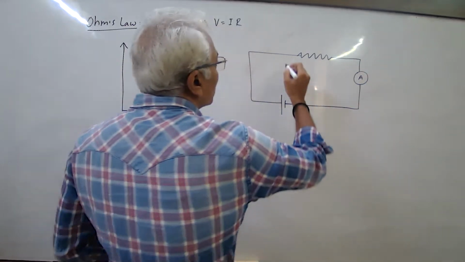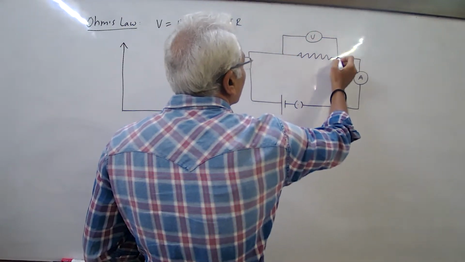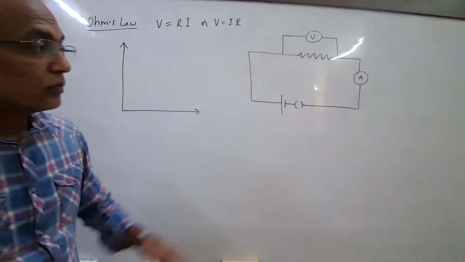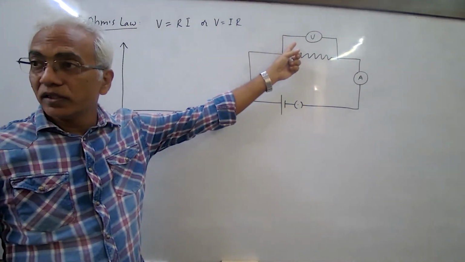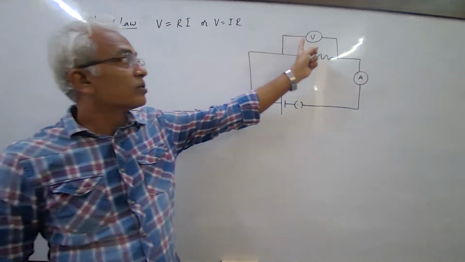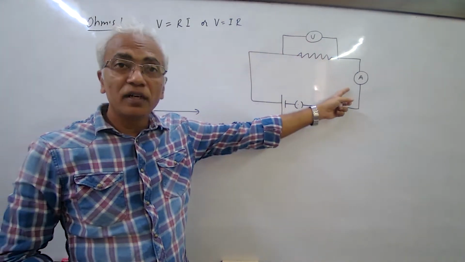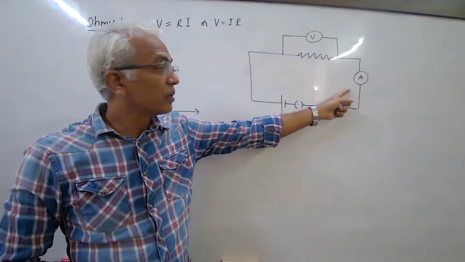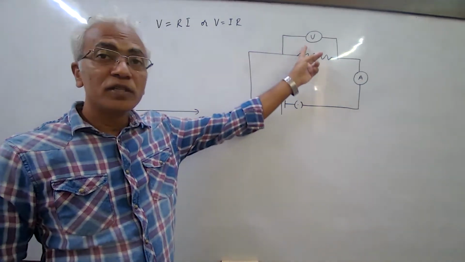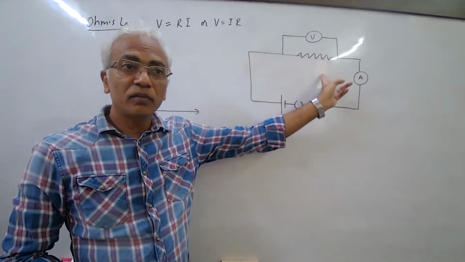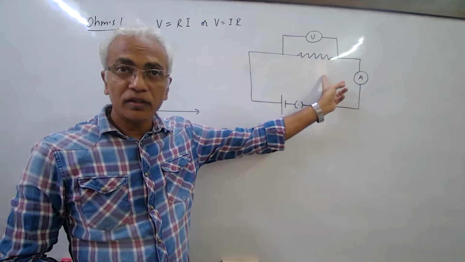So when you increase the number of cells here, this V will increase. In the voltmeter, you can measure the voltage, and you can measure the current in the ammeter. With the help of these two meters, V and I can be measured, and then the graph can be plotted.